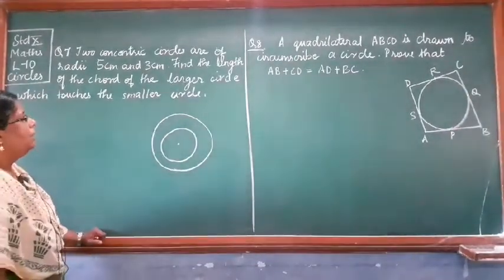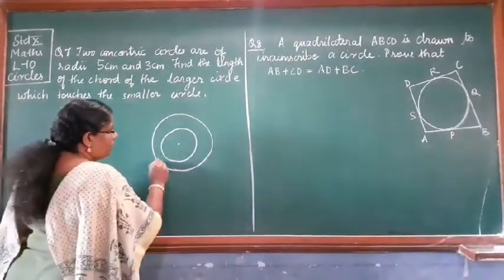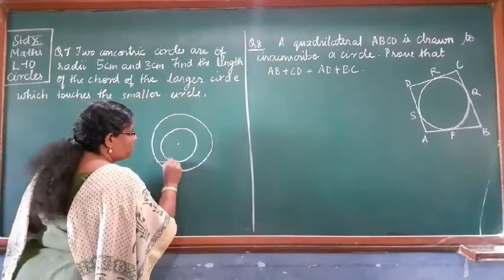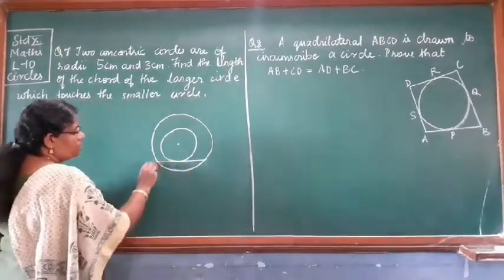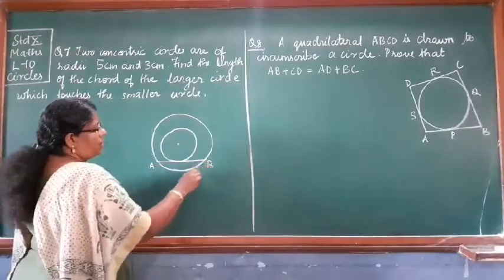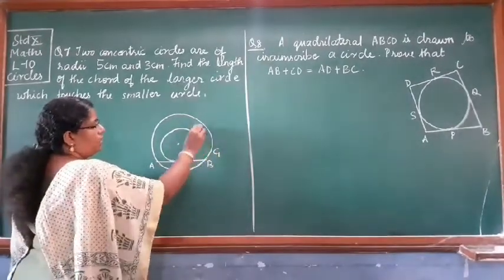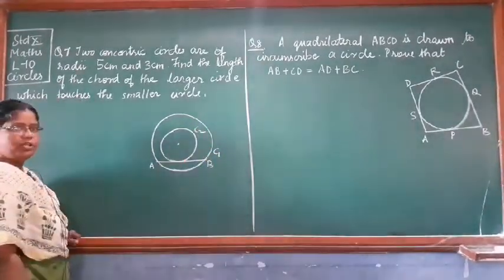It is said that the chord of the larger circle touches the smaller circle. So this is your chord. Suppose AB is your chord of the larger circle. This C1 is your larger circle, C2 is the smaller circle.